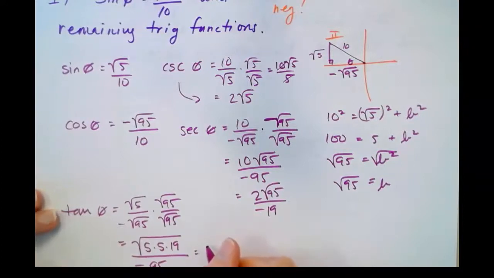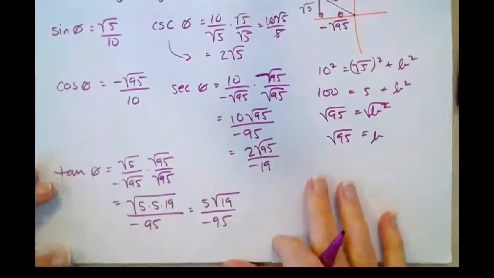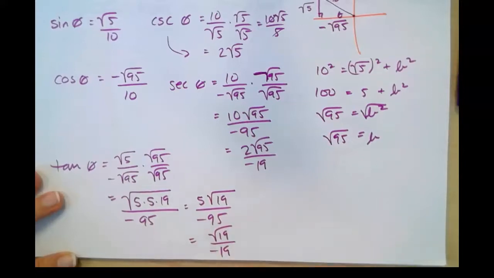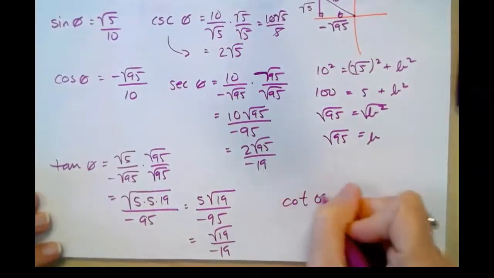So the tangent here is going to be 5 root 5 times 19, or excuse me, just times 19. And then, of course, we need to simplify that again. So I'm going to keep moving down even though I'm running out of paper. That's going to be root 19 over negative 19. So that's your tangent. Then your cotangent.